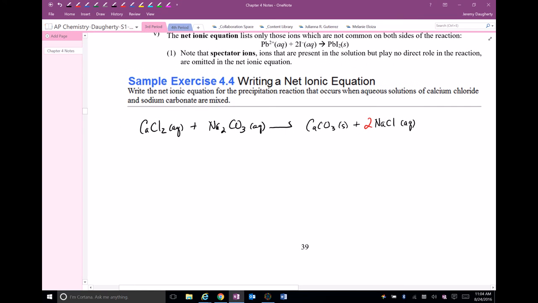So for instance, this calcium chloride is going to become calcium ion. Ions have to be aqueous. And then 2 chloride ions. Sodium carbonate's aqueous, so I'm going to have 2 sodium ions, aqueous, plus the carbonate ion.